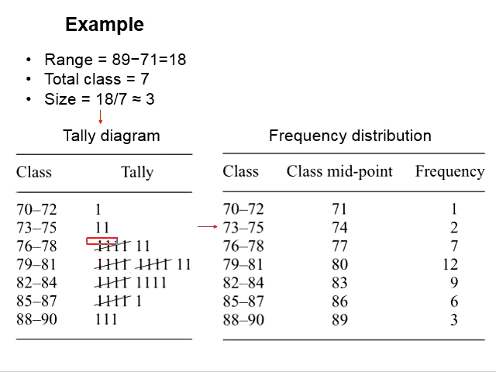For every 5 units of frequency, there will be a slash across the 4 vertical bars. Once you have done the tally diagram, convert this into numbers. For the first class, the frequency is 1. For the second class, the frequency is 2.